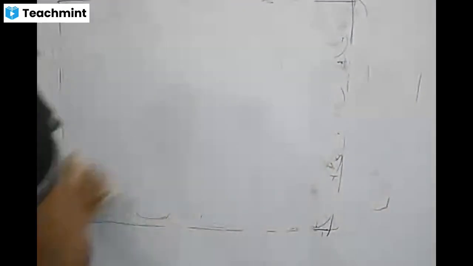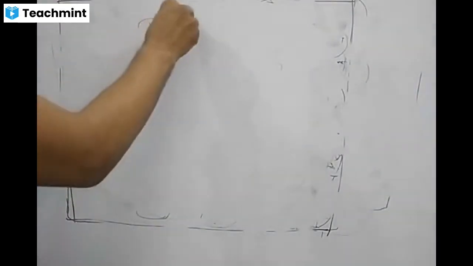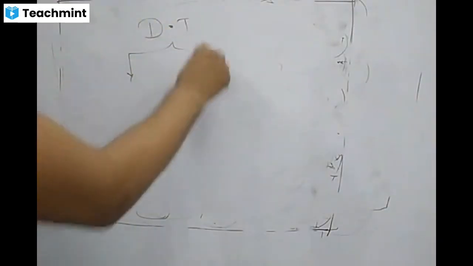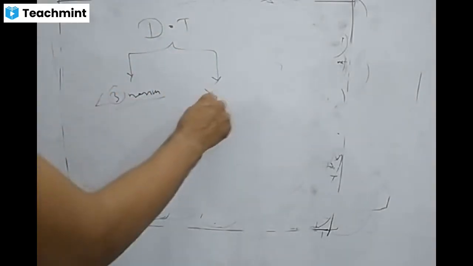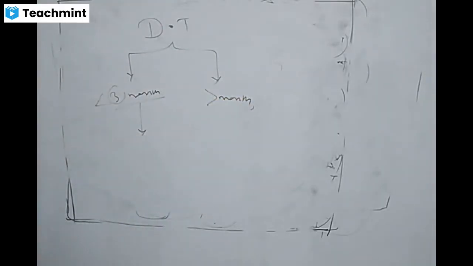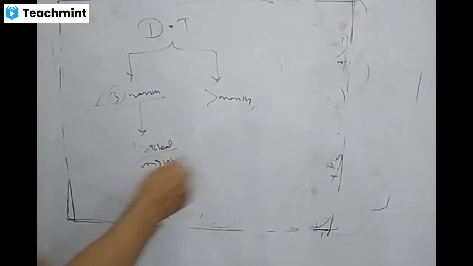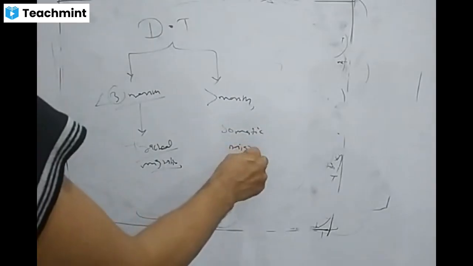Then these four transmissions. First is direct transmission. If we divide it into up to 3 months of age and above 3 months of age, then in the young we will find tracheal migration and in the older, somatic migration.